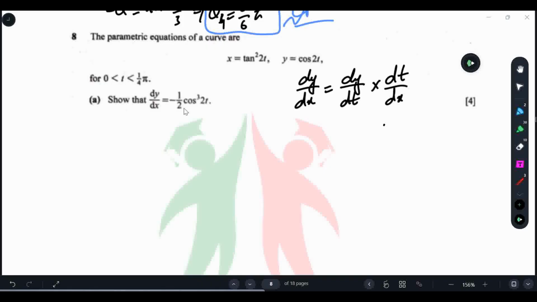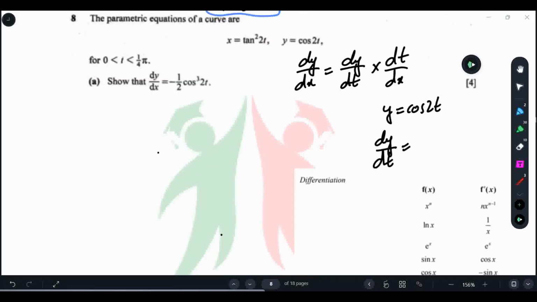So if y is equal to cos of 2t, dy by dt will be equal to, let's see, the differentiation of cos 2x is minus sine 2x, times the internal derivative, which is 2.